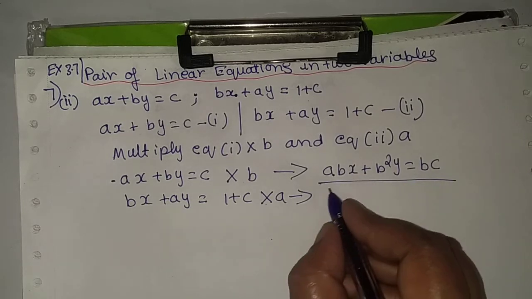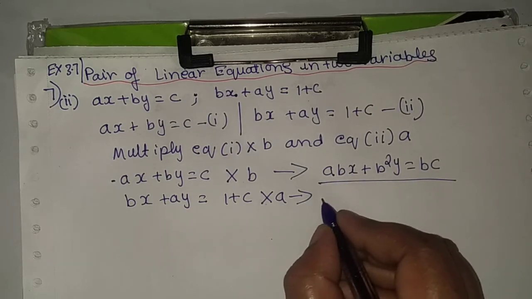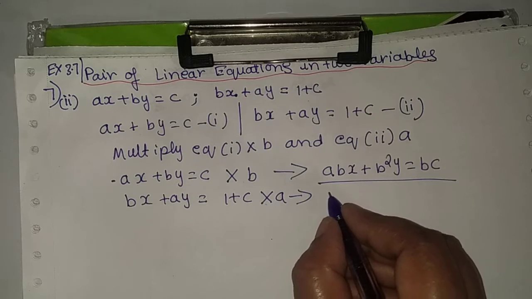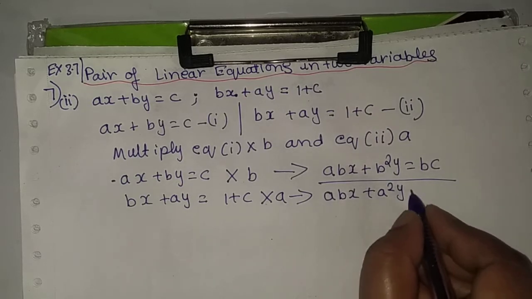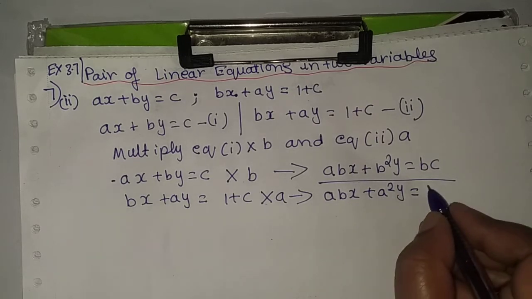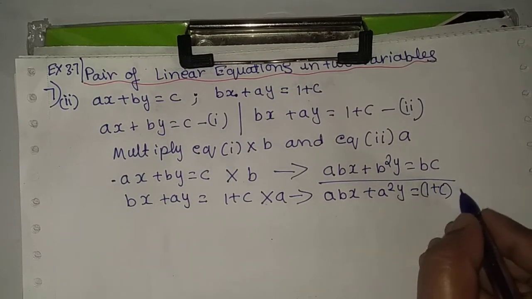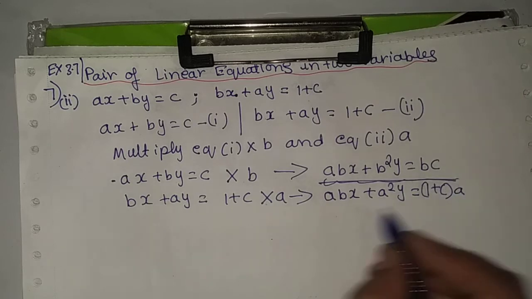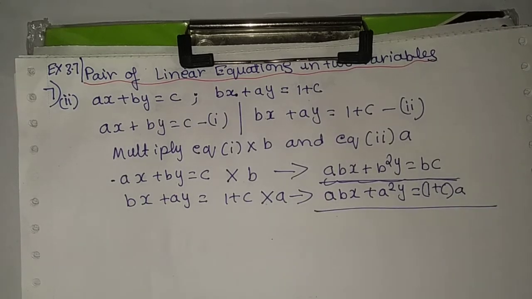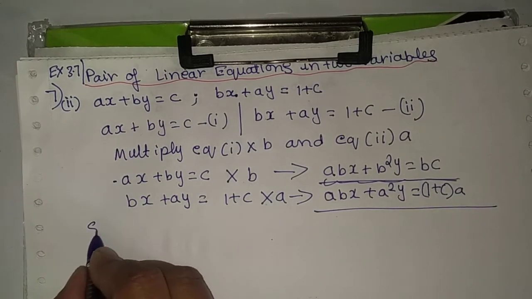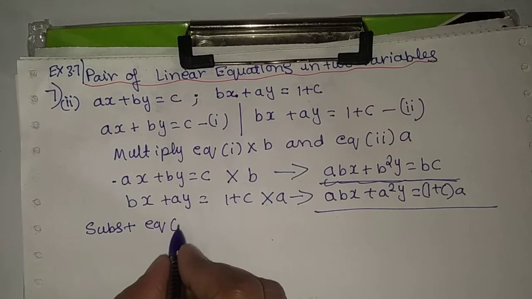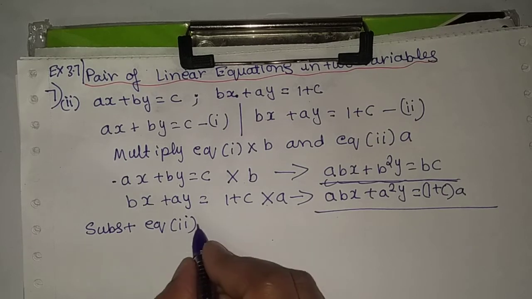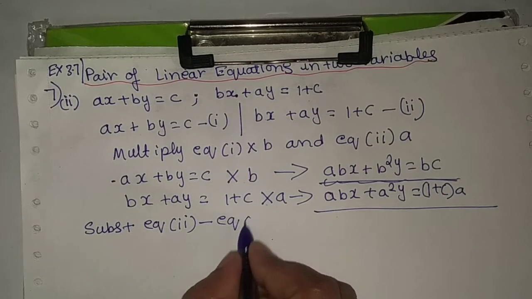So this is the first one. Next, multiply the next equation by a, abx + a²y = (1 + c) into a. So here I'll write the line. Next is subtract equation 2 minus equation 1.